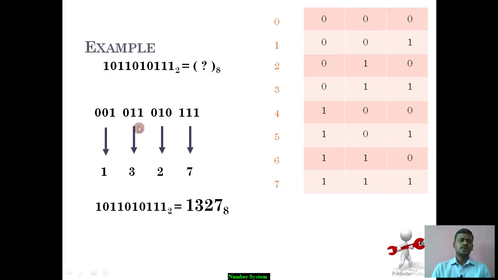Likewise, for all the groups we will find the octal equivalent values. So these final values will be the octal values. This is how we can convert binary values to octal values. You can use this technique to convert any binary value to octal.